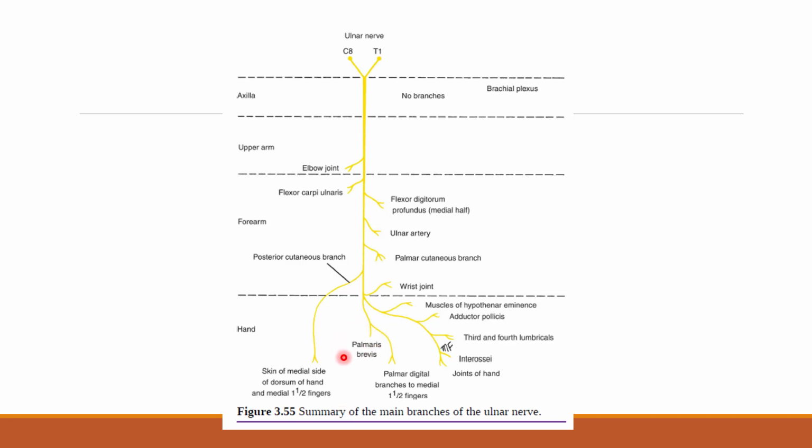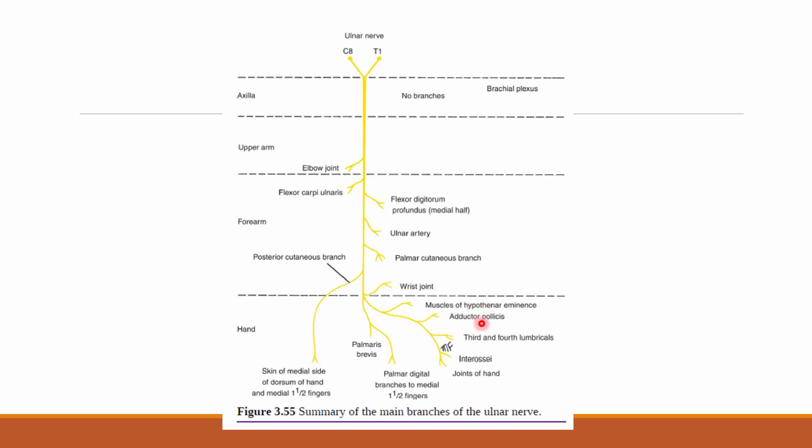It supplies the palmaris brevis muscle, the hypothenar muscles, and the adductor pollicis. Adductor pollicis will be supplied by the ulnar nerve, but the hypothenar muscles, the third and the fourth lumbrical in the center, and all other hypothenar muscles are also supplied.